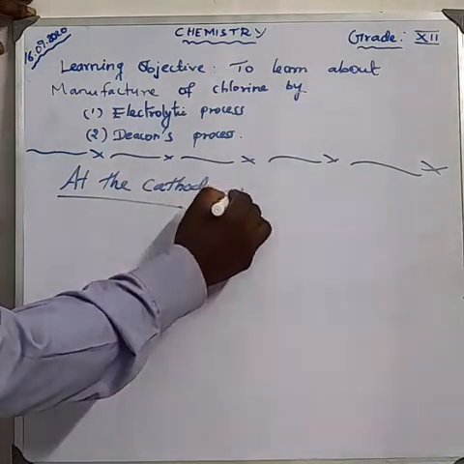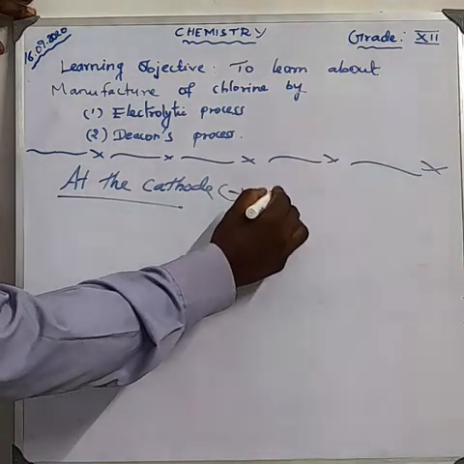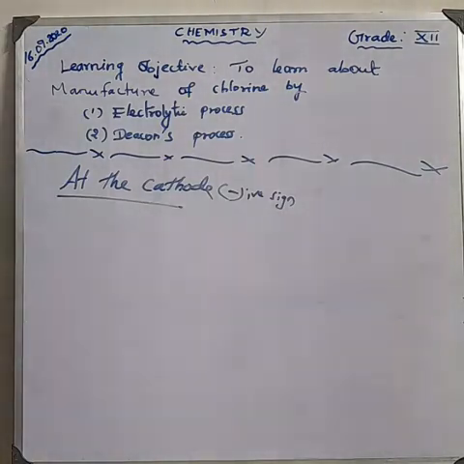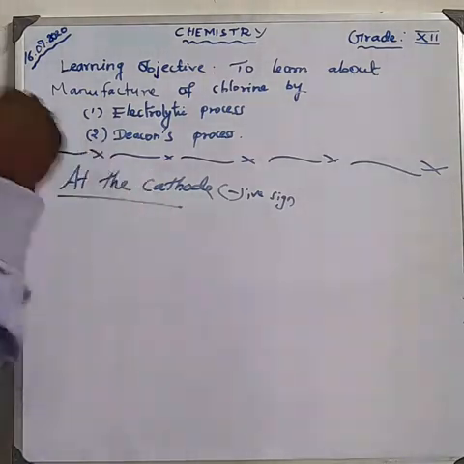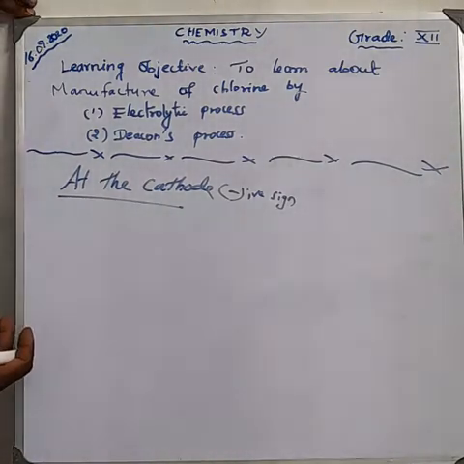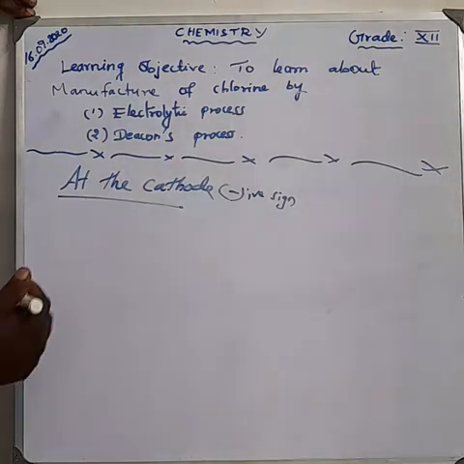Cathode means negative charge. Just for remembering, cation means positive and cathode means negative. So the cathode is the negative electrode, the negative rod.